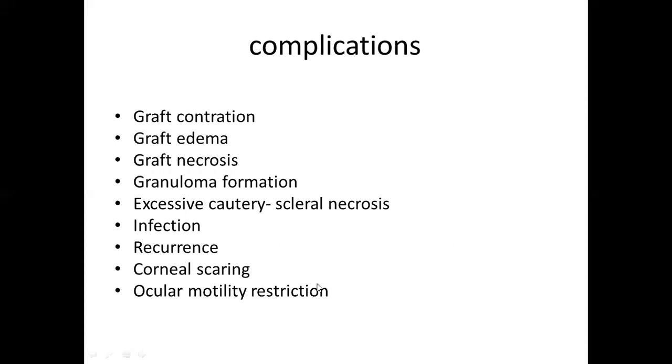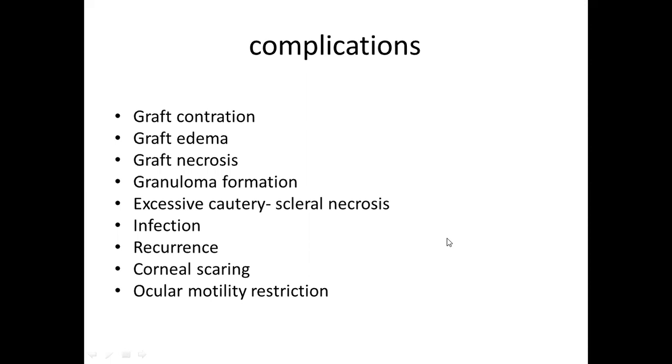So complications, like I told you, I just described them. With conjunctiva autograft, sometimes you can have graft contraction. That conjunctiva you placed may be contracted. It may be edematous, graft edema, or graft necrosis.